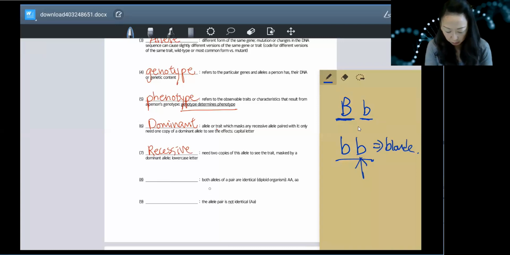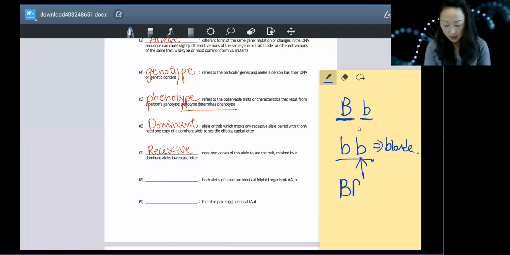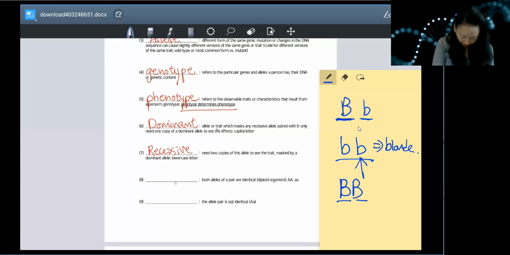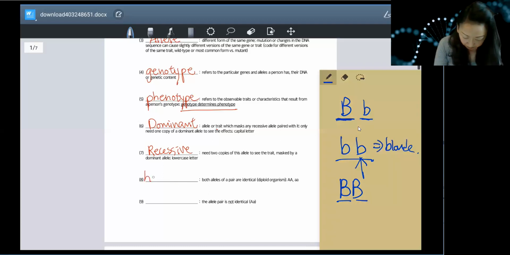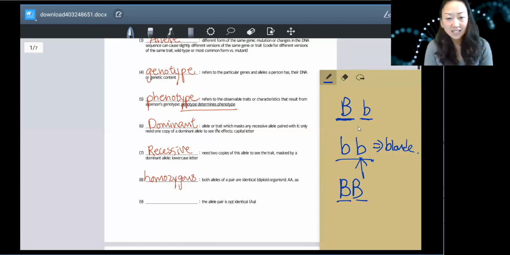Now, if you have both alleles identical, so I'm moving on to number 8, like I have big B, so dad and mom both gave me the same flavor, the same allele for that gene, then you are called homozygous. That's spelled H-O-M-O-Z-Y-G-O-U-S, homozygous. Now, let's try this.